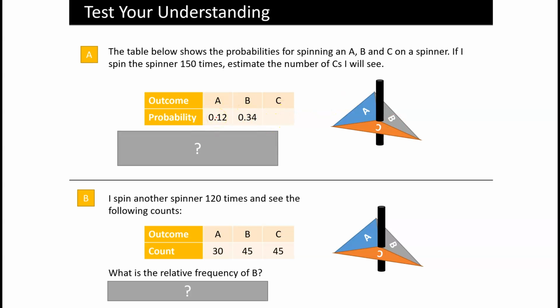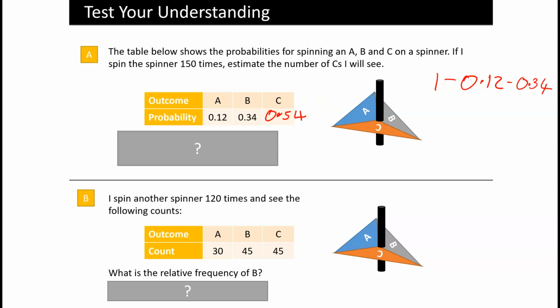So we do 1 take away 0.12 and 0.34, and you get 0.54. That's the type of exam question where they expect you to fill in a little table of values like that, but you know they all add up to 1.